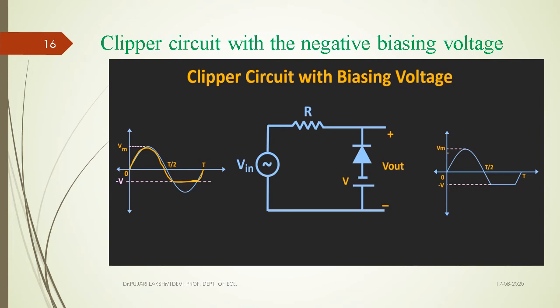Whenever the cathode of the diode is lesser than the anode of the diode, the diode becomes forward biased.